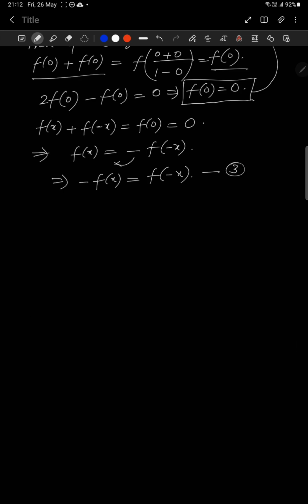Alright, now let us use the basic concept related with the differentiation of the function. I am writing f'(x) = limit h tending 0 of (f(x + h) - f(x))/h.